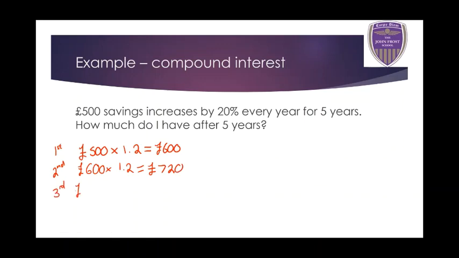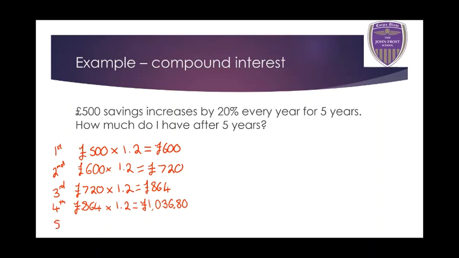And then after the third year, 720 times 1.2 is equal to £864. And then the fourth year, we have got £864 times 1.2, and that is equal to £1,036.80.